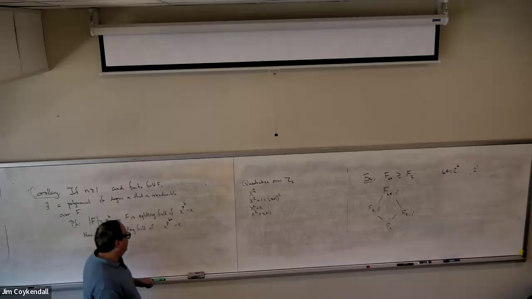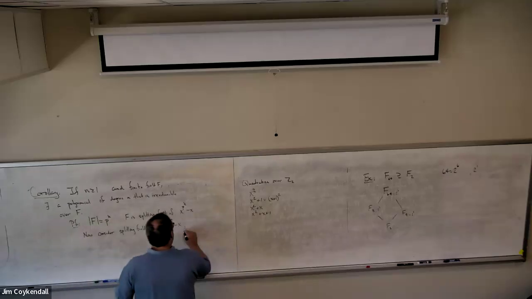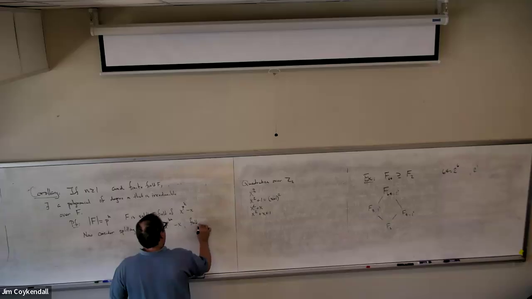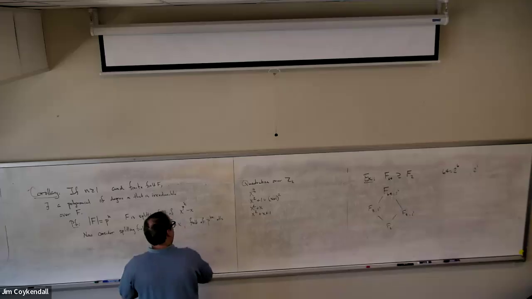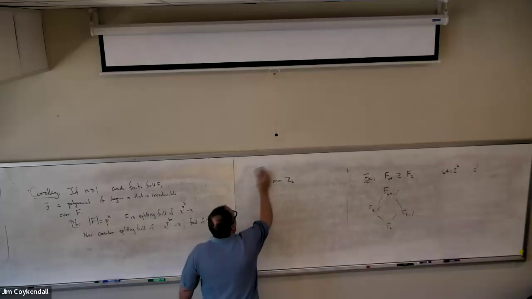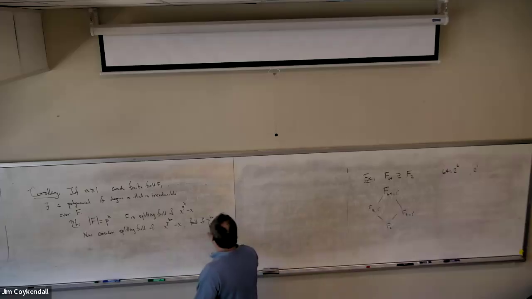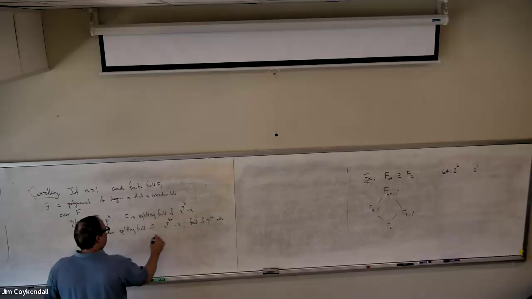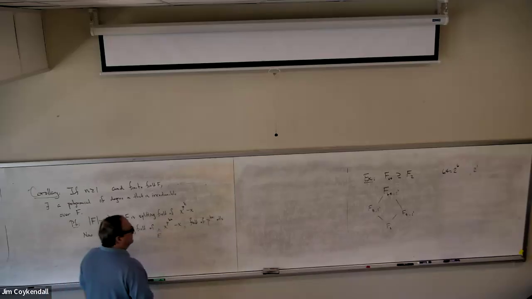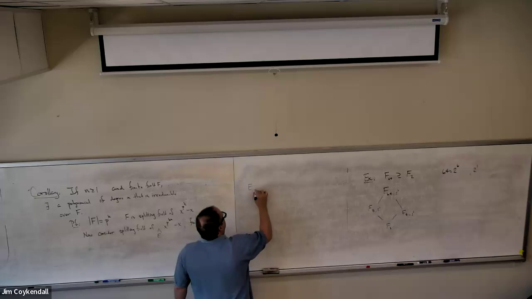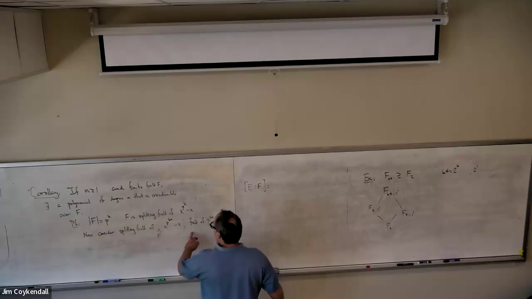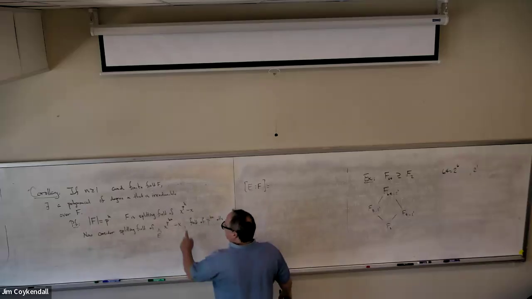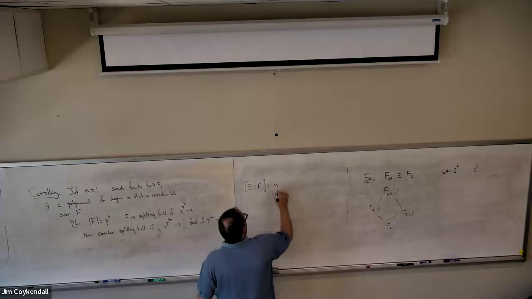Now notice that this is a field of p to the kn elements. So the dimension of this as a vector space over this, let's call the splitting field E, the degree of E over F, the dimension as a vector space, is n.